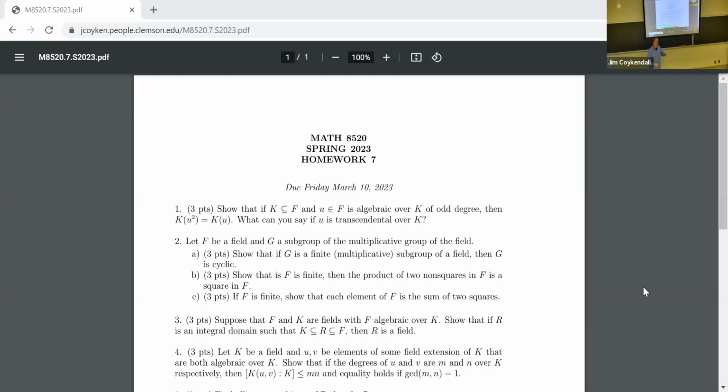What I mean by that is it is the root of an irreducible polynomial of odd degree, so as small as possible. Then show that these two fields are in fact equal. And what can you say if u is transcendental over K?